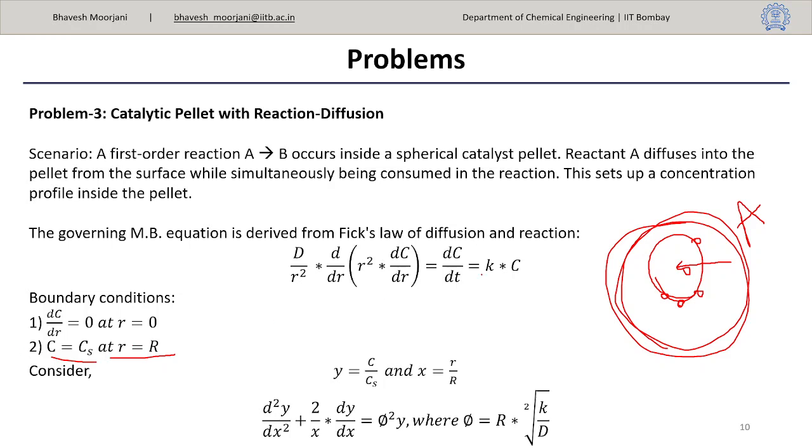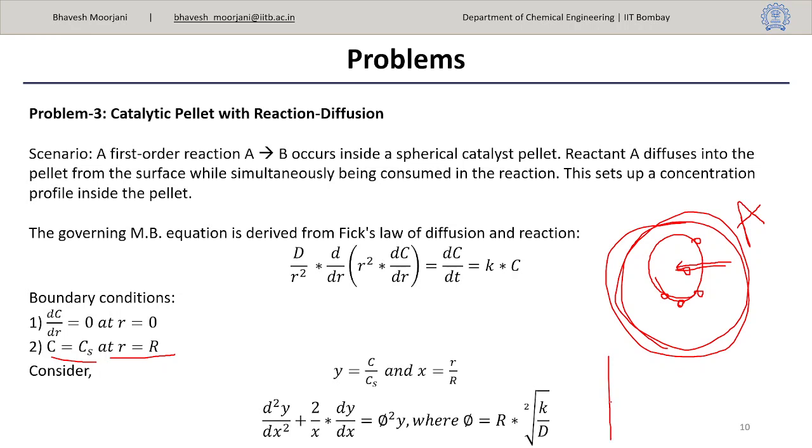I am using S to represent the maximum concentration, the surface concentration. And at the core of the reactor, since your reactant is moving from the surface to the inside, you will observe the concentration gradient.